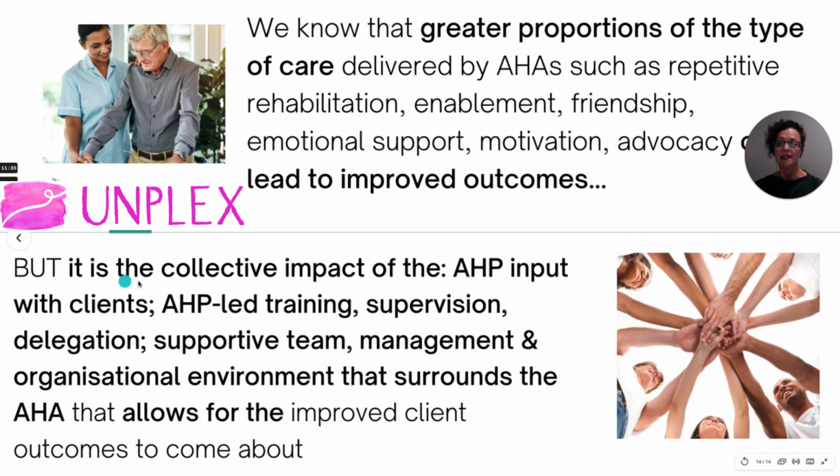However, it is the collective impact of the allied health professional input with clients, the allied health professional-led training, supervision, delegation, the supportive team, management and organisational environment that surrounds the AHA that allows for improved client outcomes to come about. In the next presentation, we will unpack all of these points and how they influence the staff within a multidisciplinary team or within a team that has allied health assistants.